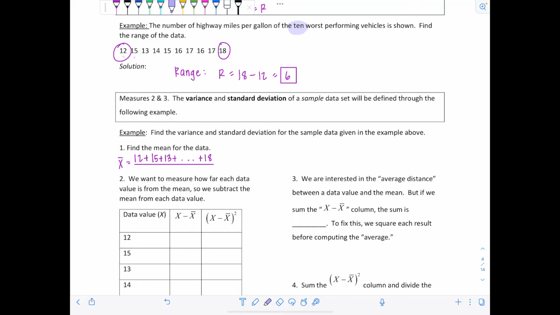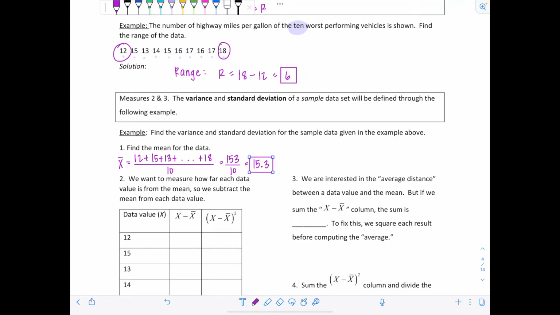Let's double check: 1, 2, 3, 4, 5, 6, 7, 8, 9, 10. Yep. So if you add them all up, you should have 153. Divide by 10. So our sample mean is 15.3.